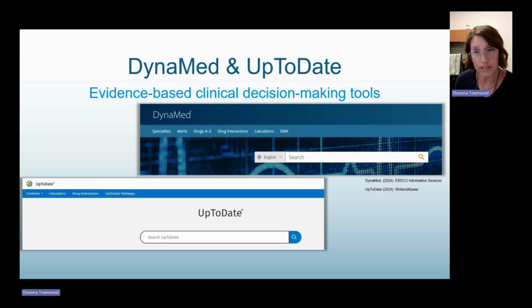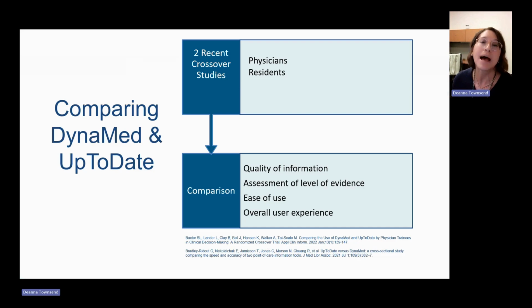And they felt very confident that they did not need to endorse UpToDate for their organizations because there just simply wasn't the evidence to choose this resource, UpToDate, over other point-of-care resources. The evidence wasn't there.